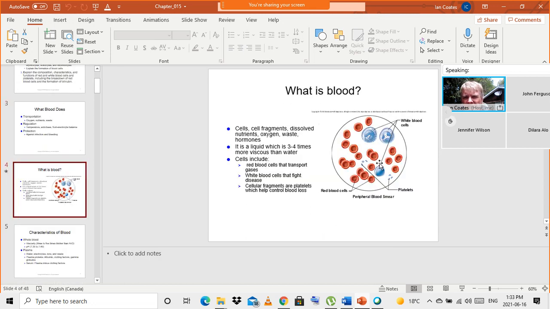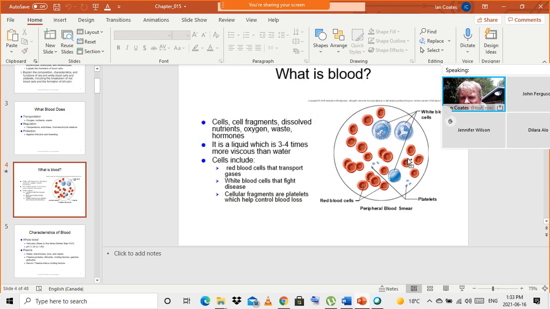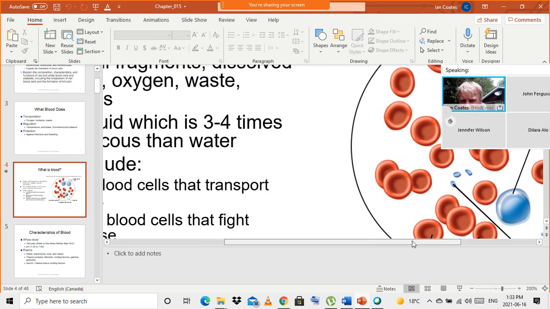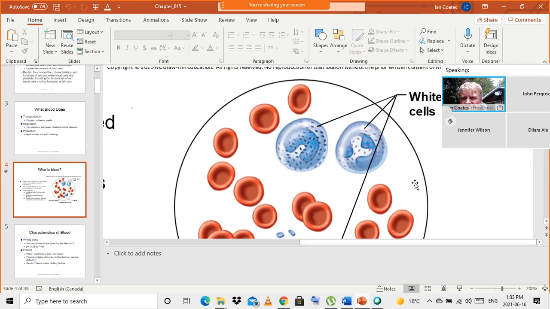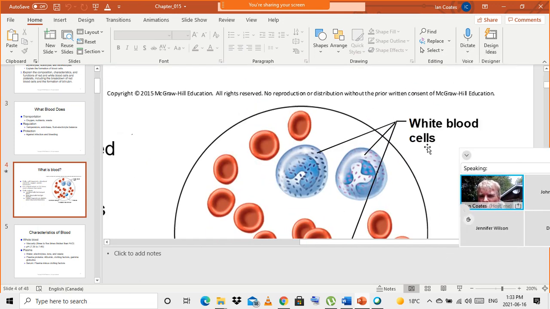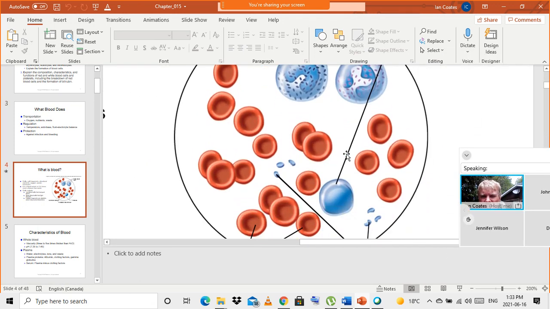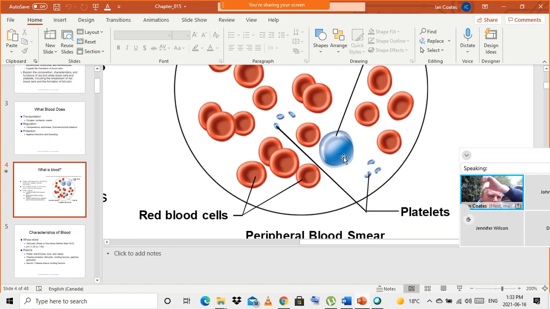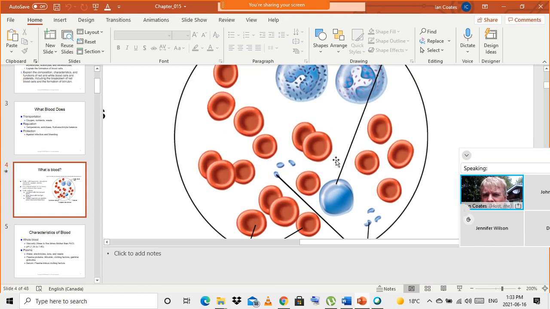So let's have a look here. What is blood? We've got white blood cells, RBCs, platelets. We've got all these different things going on. So blood is not just one thing.